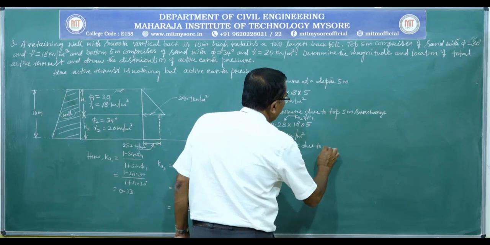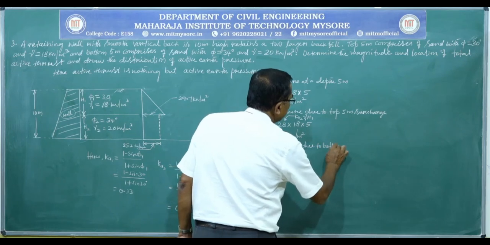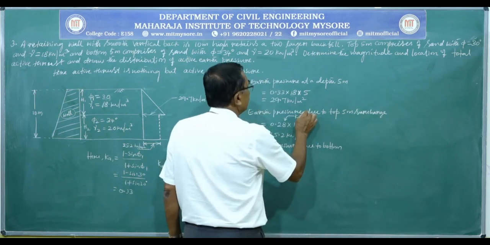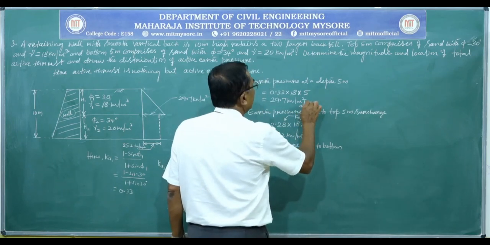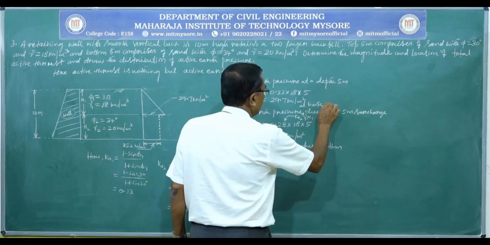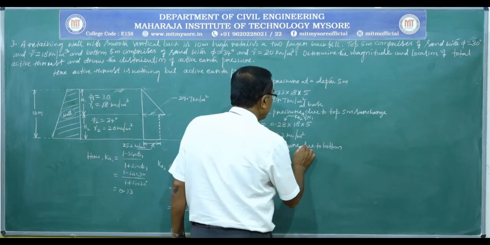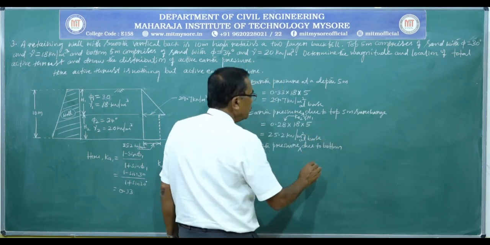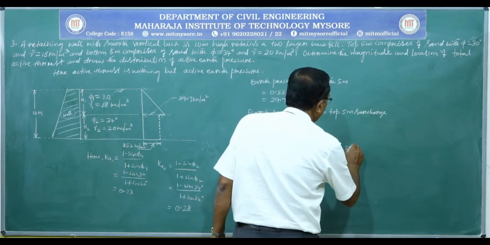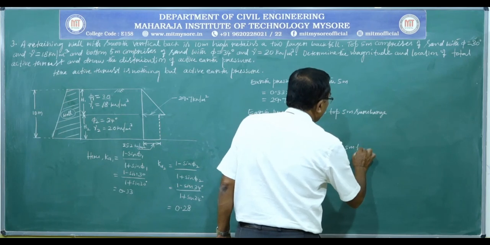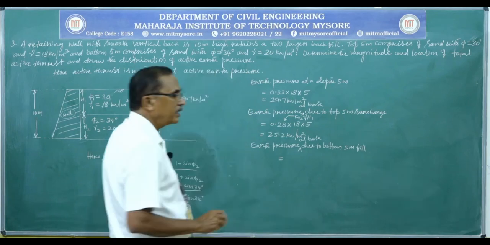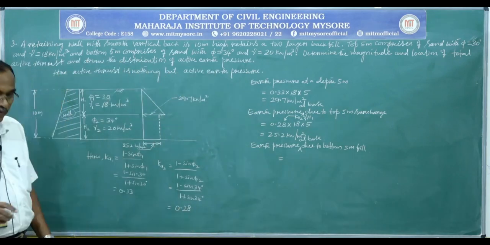Earth pressure at base due to bottom 5 meter fill is equal to, here directly we can use Ka2 into gamma 2 into H2.